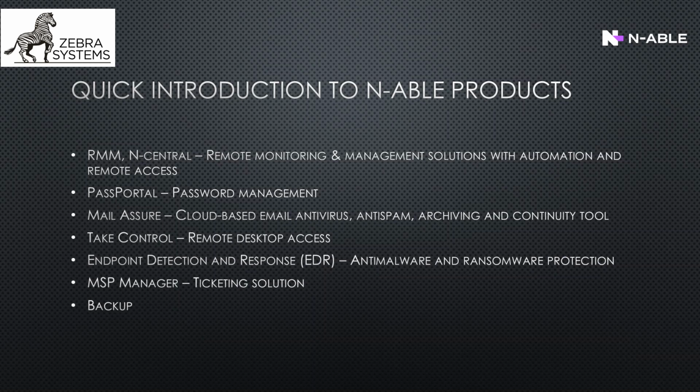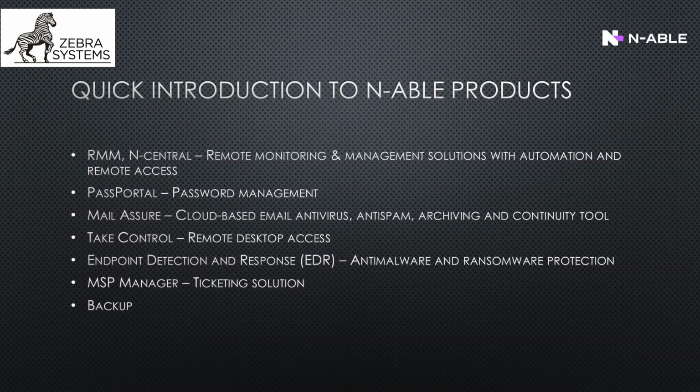Then there's Take Control, that's remote desktop access with file transfer and all those nice things you would expect from software like this. For RMM and N-Central, it's part of the license for the monitoring devices, but you can get it standalone as well.